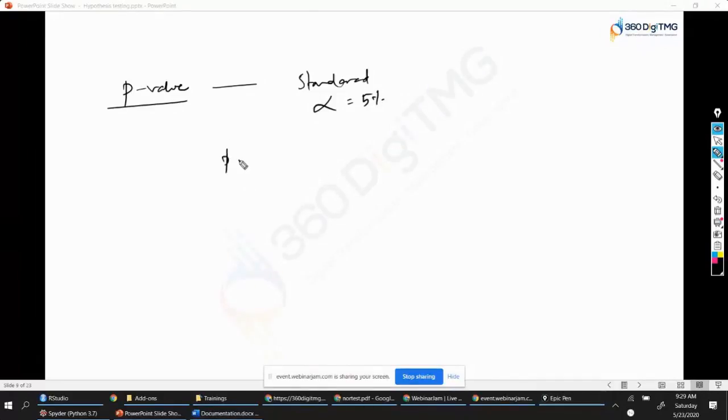Now, if the p-value that you are getting, when I compare, is higher than alpha, that means the p-value is greater than alpha. P high. In this case, what should we do? We better go with the null hypothesis. Risk is more, chance of going wrong is more. So no action.